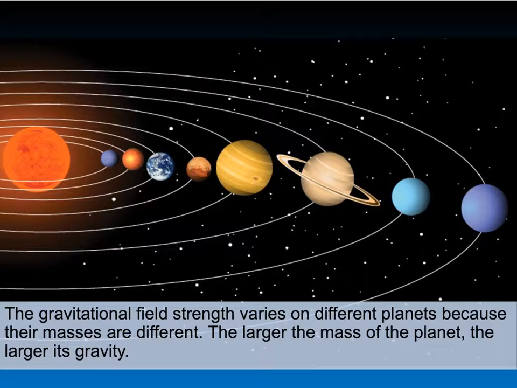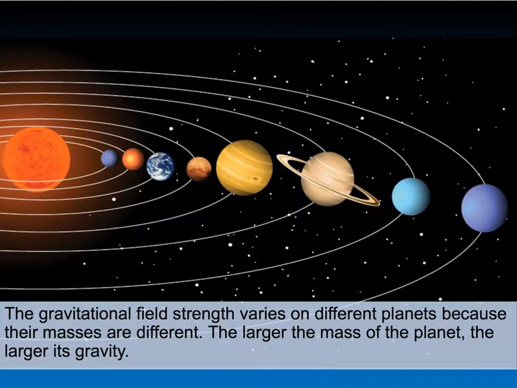Now, it's important not to confuse mass and weight. Your mass will never change wherever you go. Your mass is the amount of stuff you are made up of, or the amount of particles that make up your body. That is the same if you are on Mercury compared to if you're on the Earth, on the Moon, or on Mars.